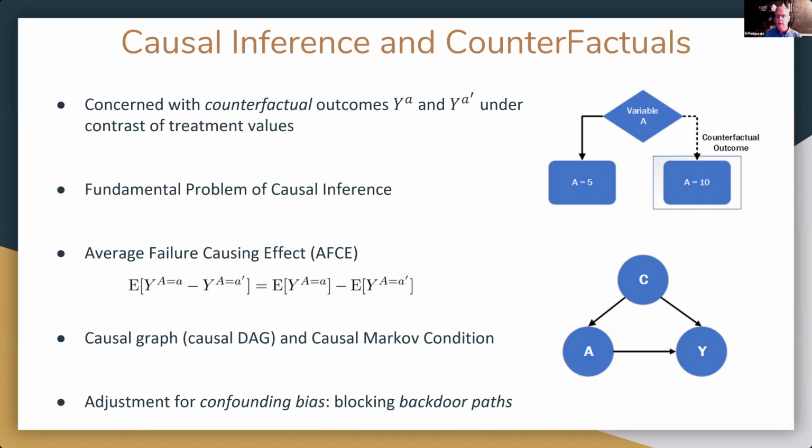In the DAG on the lower right of this slide, the treatment A is a cause of the outcome Y, and C is a common cause of A and Y. C is a confounding variable that lies on a backdoor path from A to Y, which is a path that begins with an arrow into A. A backdoor path creates a flow of association between A and Y, which distorts the estimated causal effect of A on Y. To eliminate confounding, we can block all backdoor paths, for example, by stratifying our analysis on the value of the confounding variable C.